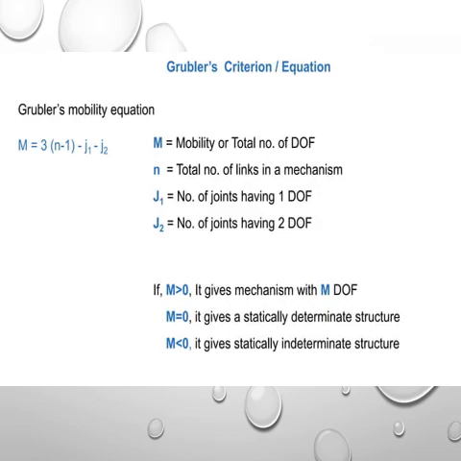If m is greater than 0, it gives a mechanism with m degrees of freedom. M equal to 0 gives a statically determinate structure. Then m less than 0 gives a statically indeterminate structure.